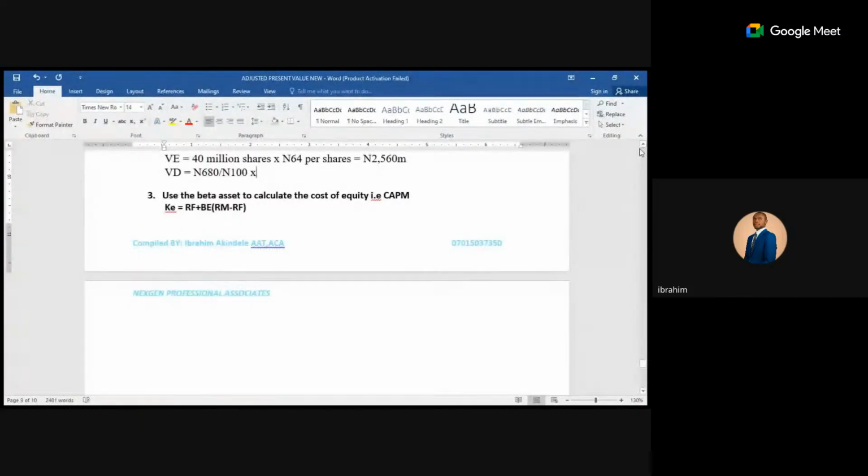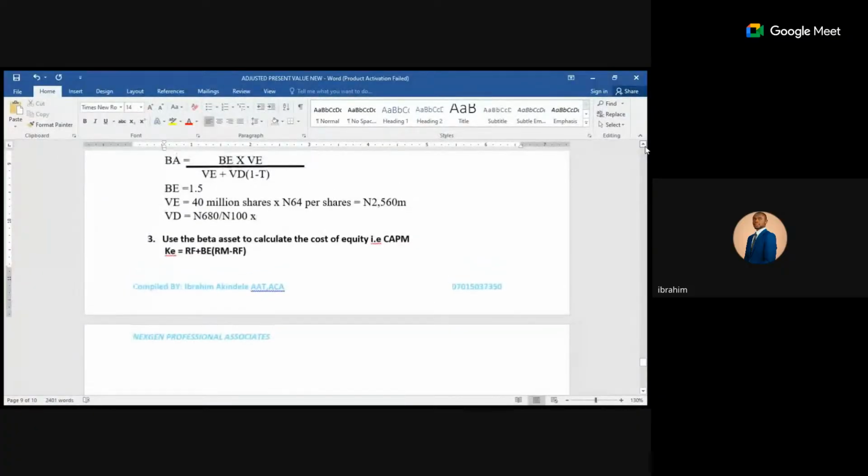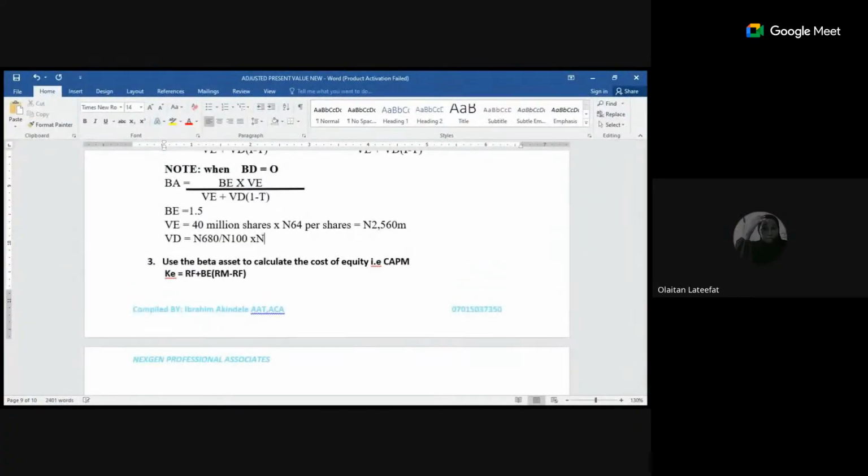What is the market price per 100? 94. What do we have here? 639.2.